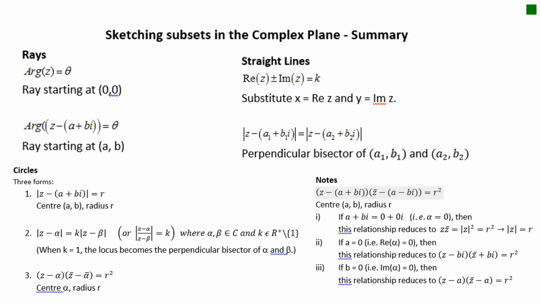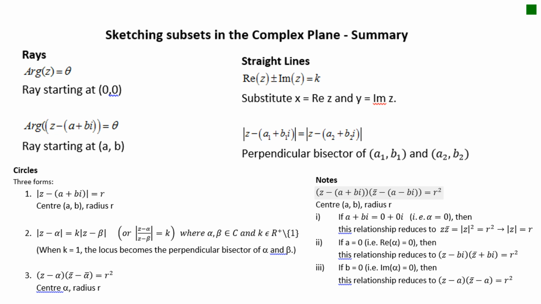If we expand what alpha could be as a plus bi, well, if a plus bi was equal to 0, we're obviously talking about the very particular example of a circle of radius r, center at the origin, and it just collapses to, of course, z times z bar, which is mod z squared equals r squared, which of course collapses to mod z is equal to r.